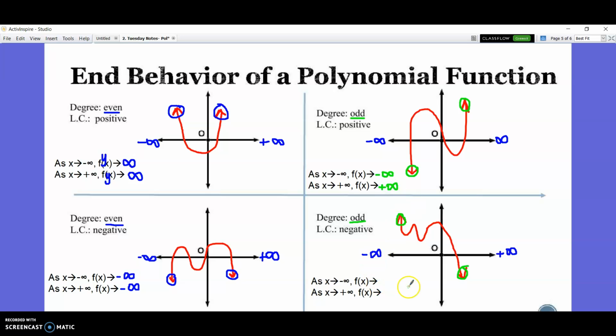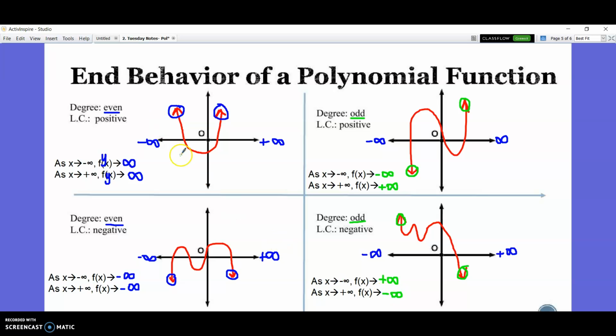And then this one is the opposite. As x goes to negative infinity, the graph is going up towards positive infinity. And as x goes towards positive infinity, on the right side here, that arrow is going down towards negative infinity.